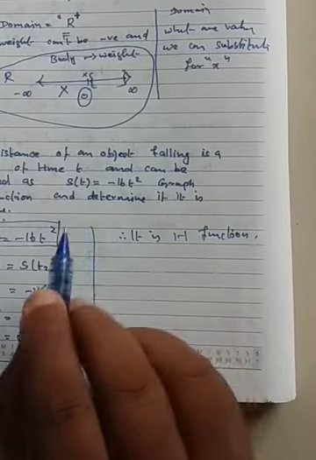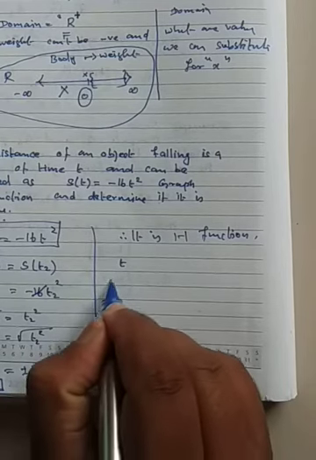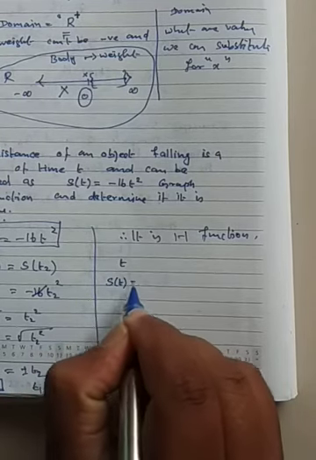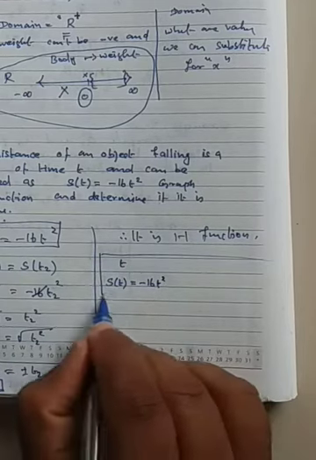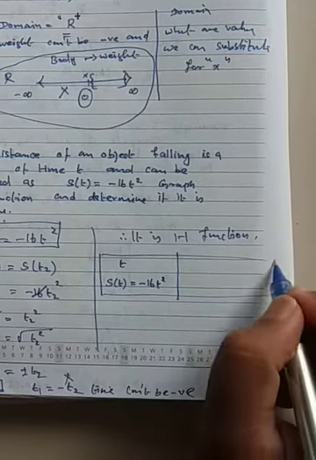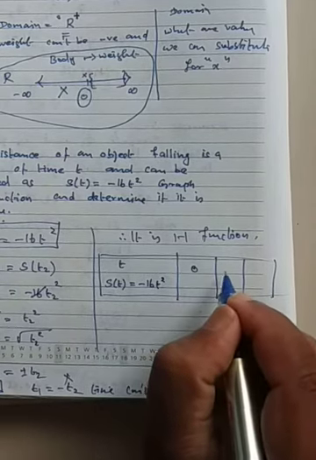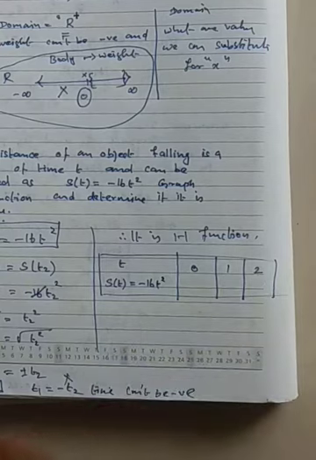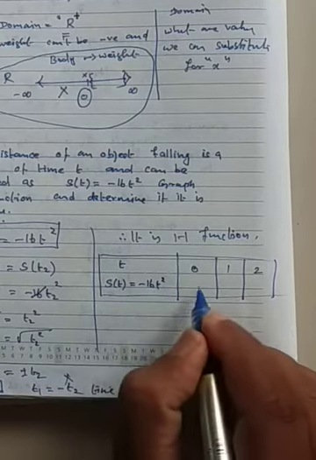Next, you need to draw the graph. So I am taking t here, and this is s of t, which is minus 16 t square. We need to draw a table and give some values. I am going to give 0, 1, 2. If I put 0, the answer is 0.